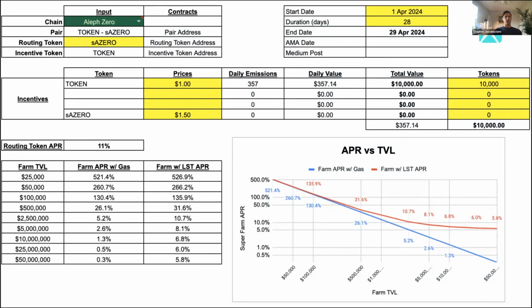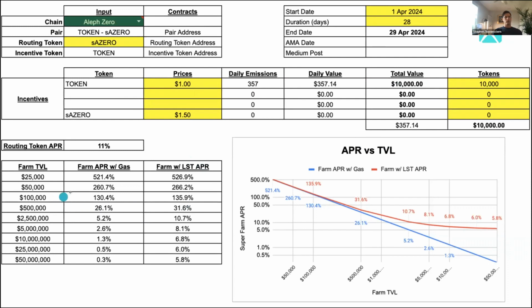And this is a Google sheet that everyone can have access to after the presentation. You can link it in the show notes or something. But let's say that you go through the whole tokenomics exercise, and at the end of the day, you plan 10,000 tokens per month for liquidity mining incentives.